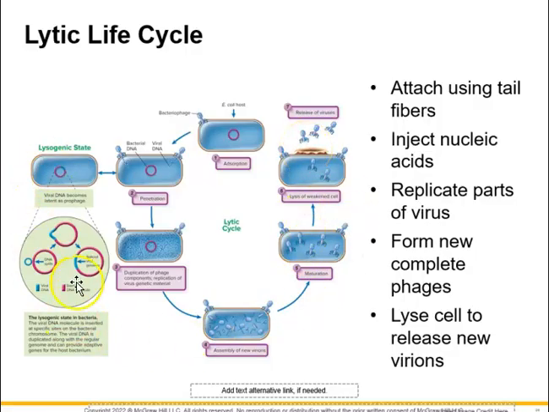So in the lysogenic state, we're not producing whole viruses at all. There are no capsids being made. It's only in the lytic cycle that we actually produce these whole new virions. But a temperate phage can bounce back and forth between these two different modes of replication.